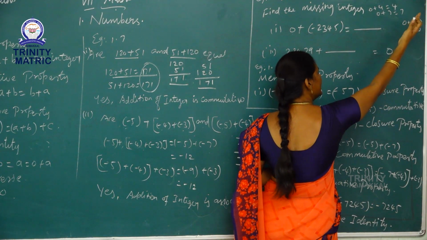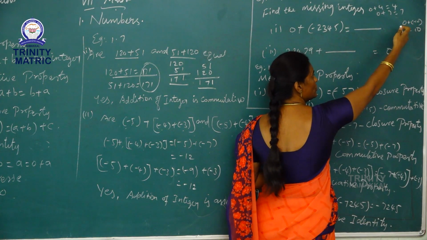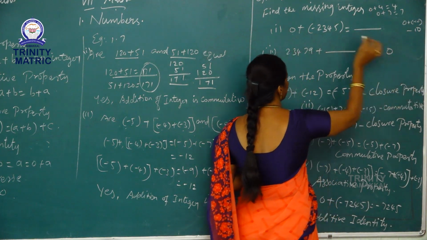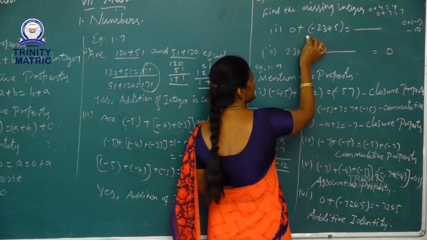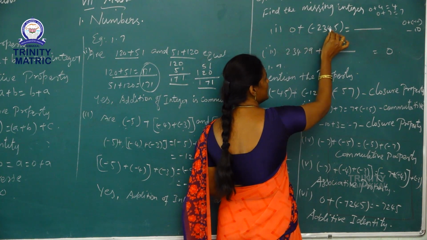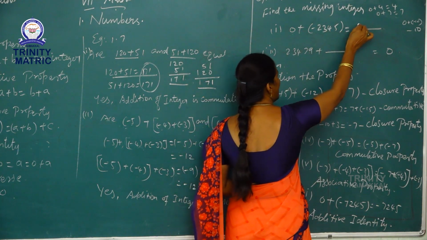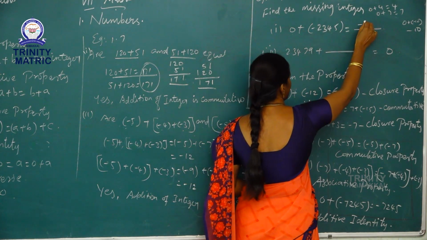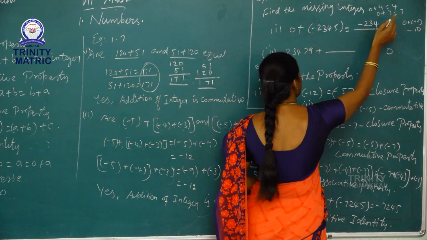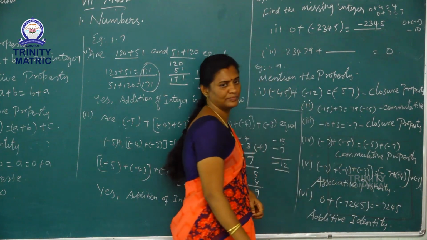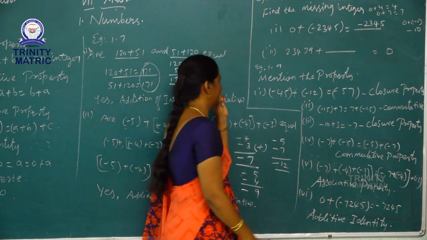We add any number to 0, we get the same answer. Like this, 0 plus minus 2345, the answer is the same number, that is minus 2345.